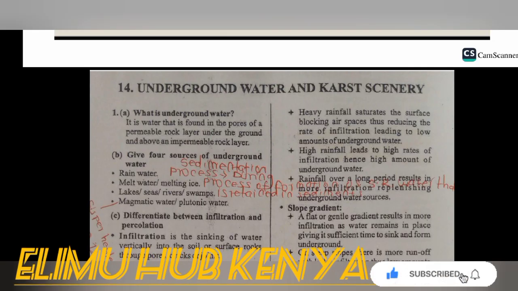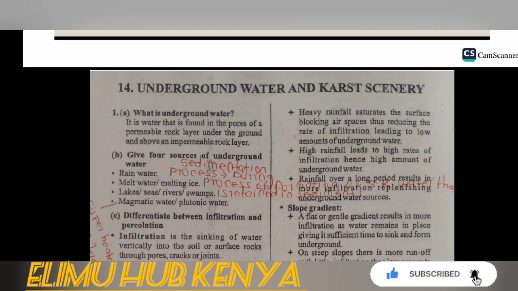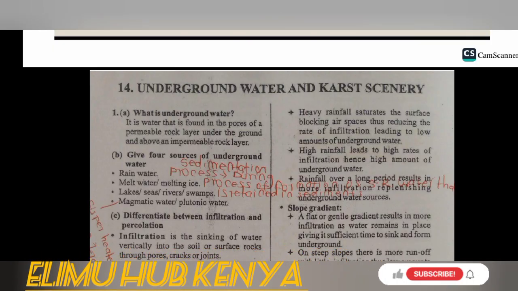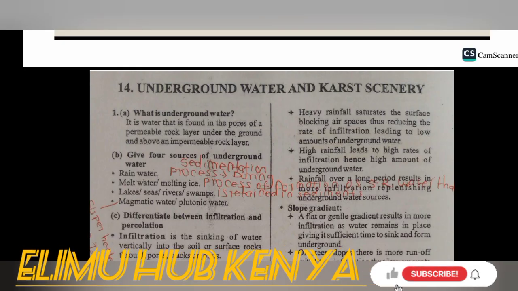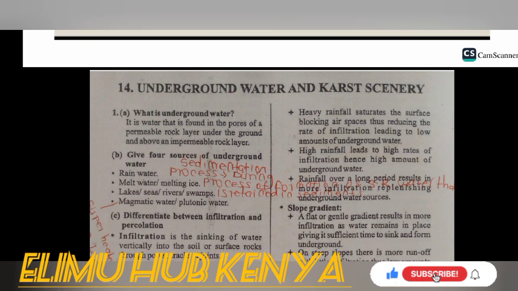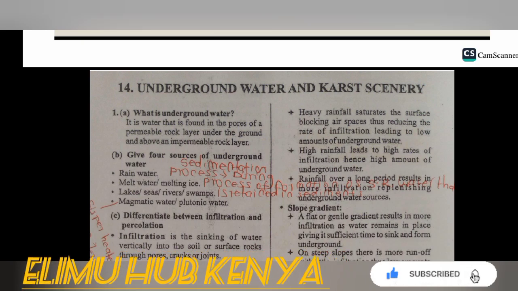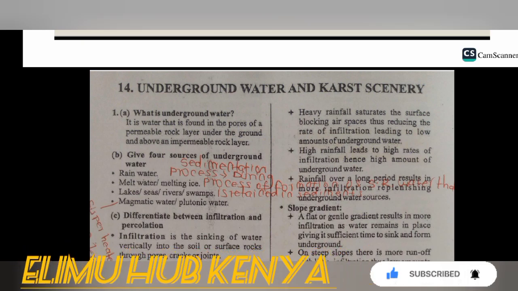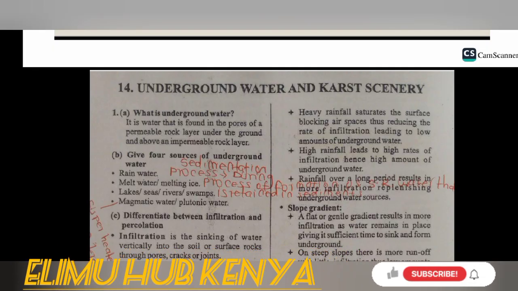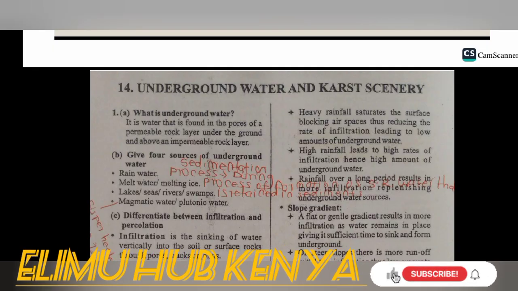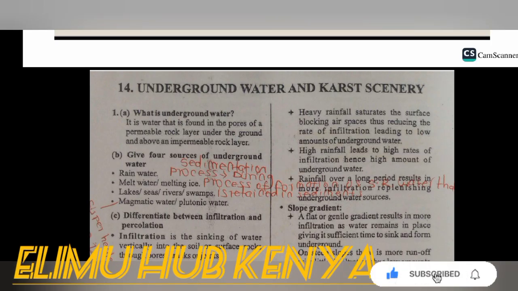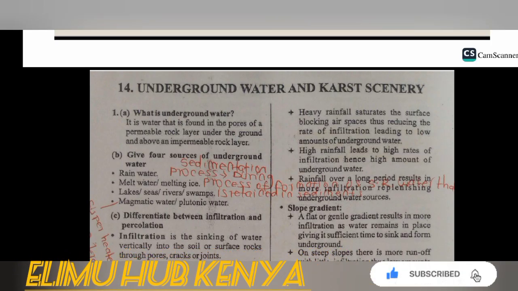It is normally contained in the available air spaces of the soil and rocks, which are beneath, meaning below, the surface of the earth, and which are above an impermeable rock layer. This one will stand out as we proceed.